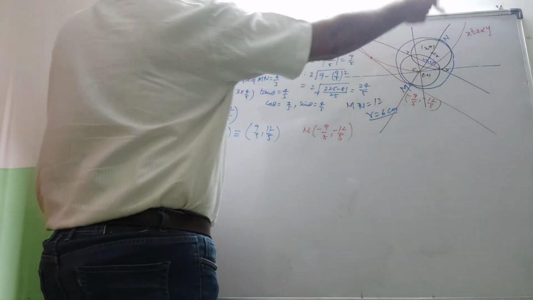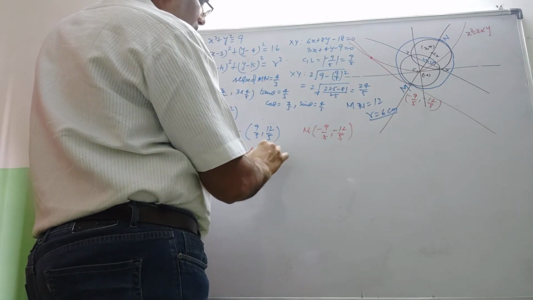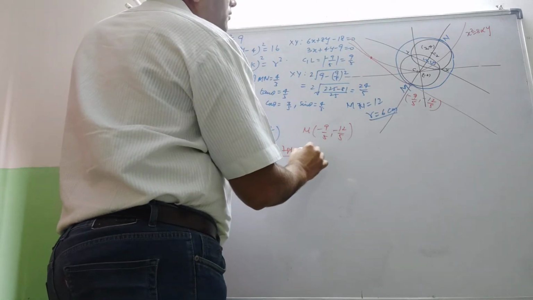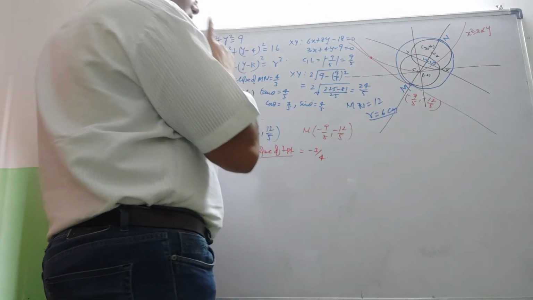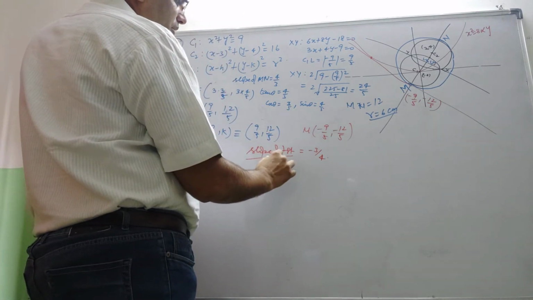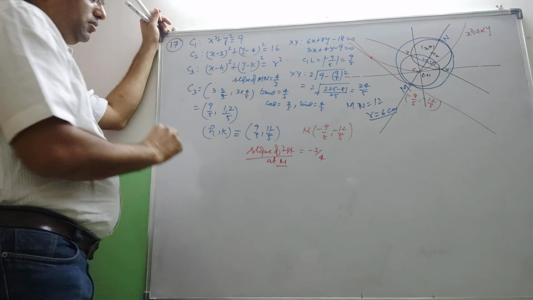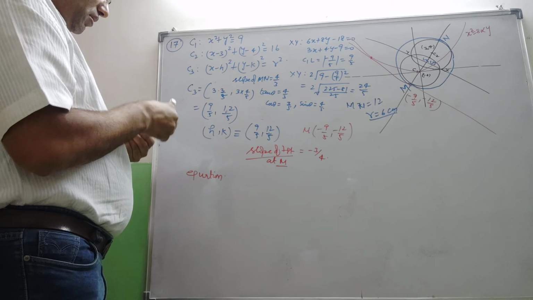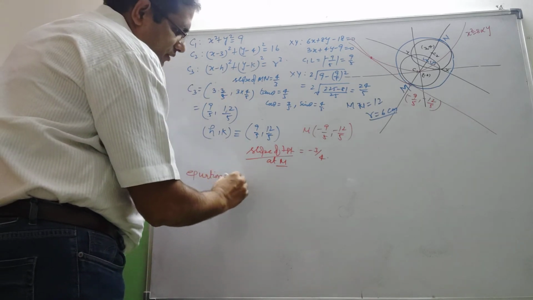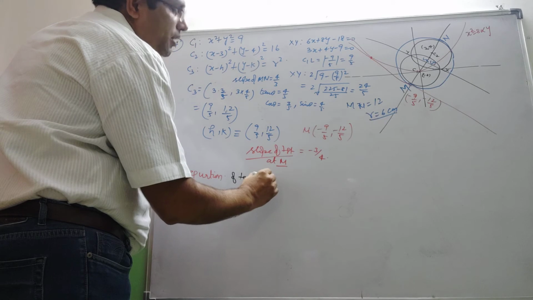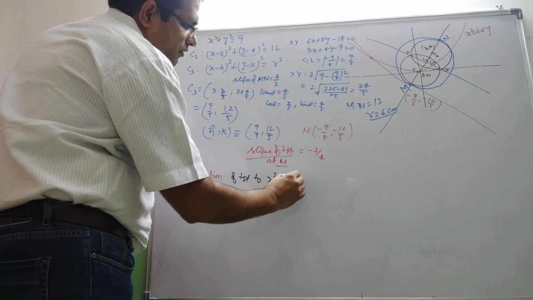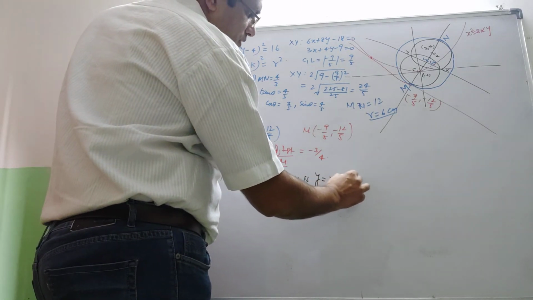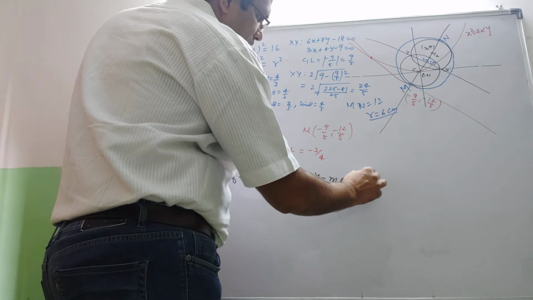The slope of the tangent will be perpendicular to this line, that is minus 3 by 4. The slope of tangent at M will be minus 3 by 4. Now the equation of tangent to parabola x square is equal to 8 alpha y is given by y is equal to mx minus am square.